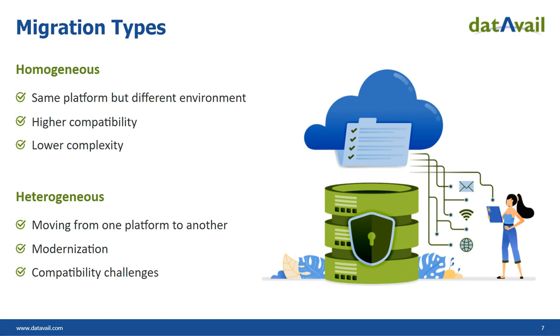With heterogeneous migrations, you are changing both the platform and the environment of your database. The process can lead to modernizing the database, but it presents some compatibility challenges because the two platforms are different. The migration process will be more complex and might require additional steps to ensure a smooth transition.